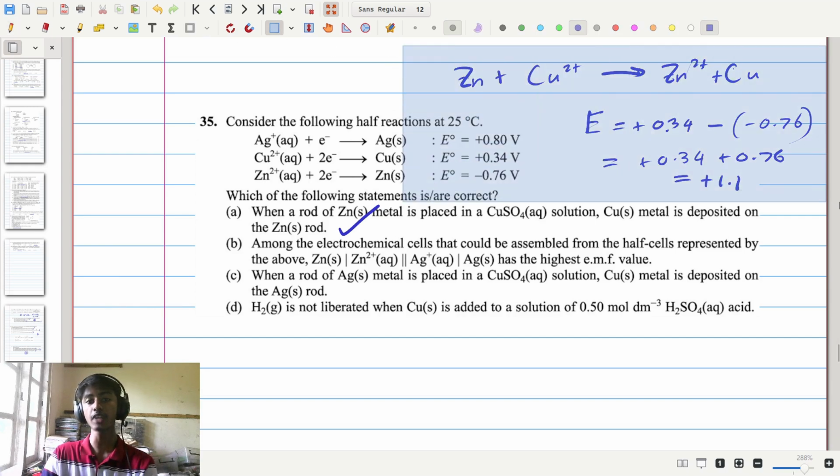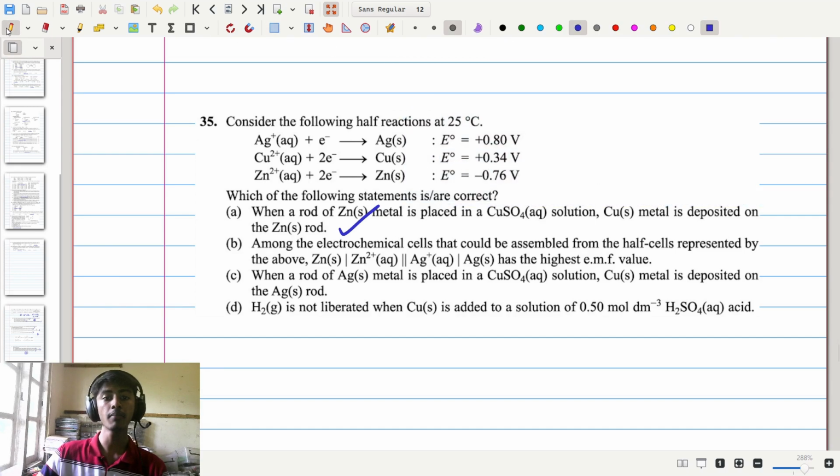Now moving on to statement B, it says, among the electrochemical cells that could be assembled, the cell with zinc solid, Zn2+, salt bridge, Ag+ and silver solid has the highest EMF value. Considering this, we can see this is the anode side and therefore we must have oxidation happening here, and this is the cathode side, so we must have reduction happening here.